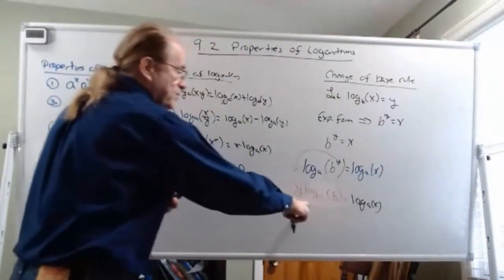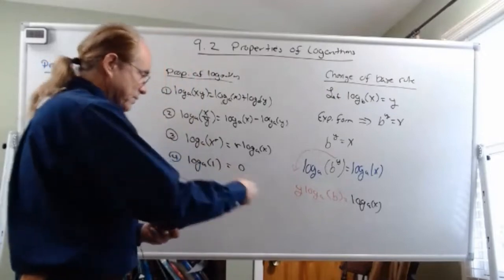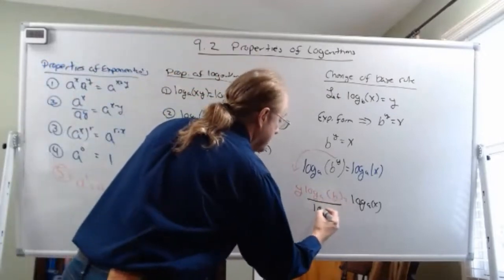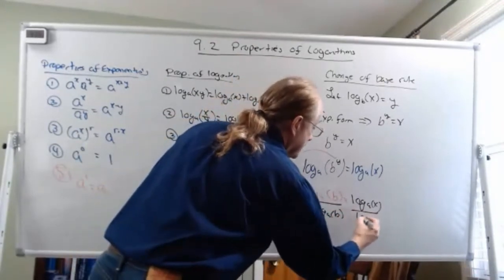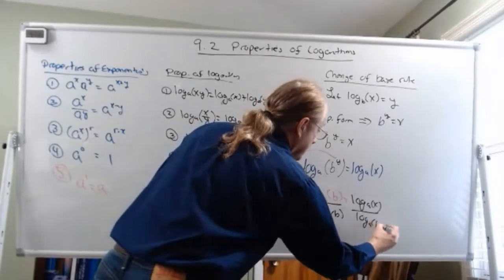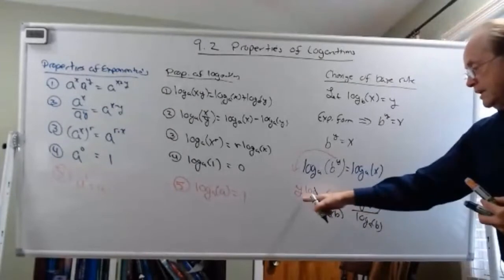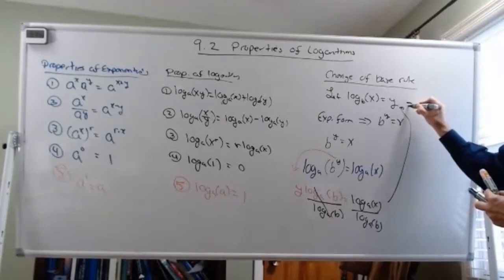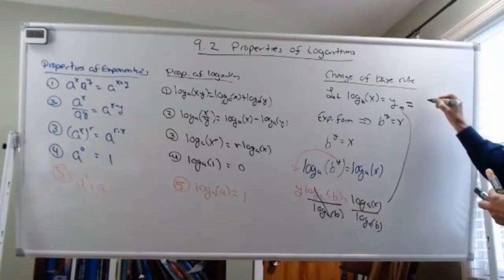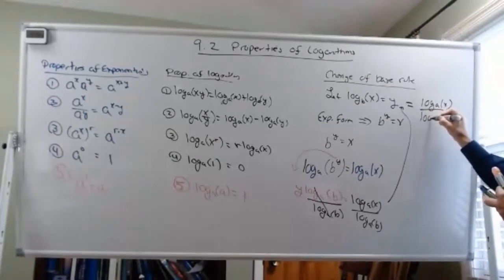Now I can simply divide both sides by that logarithm. Cancel that. So what do I get? I get y is equal to the log in the base a of x over the log in the base a of b.